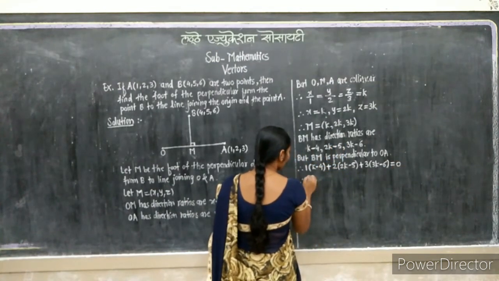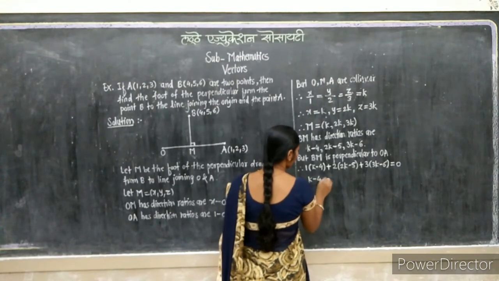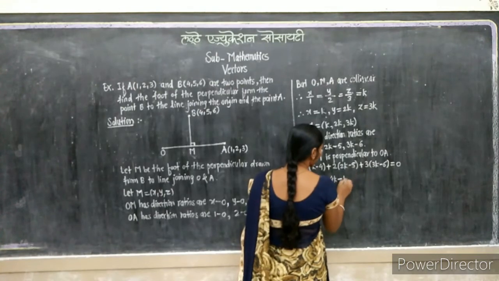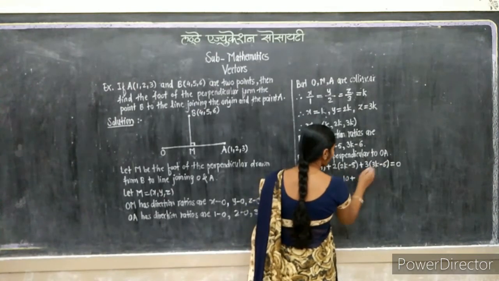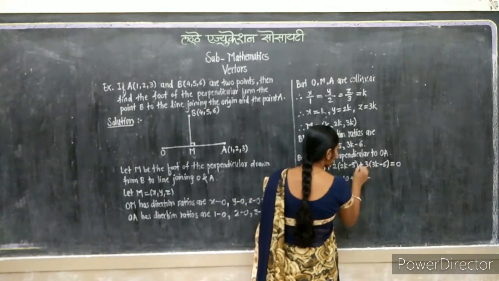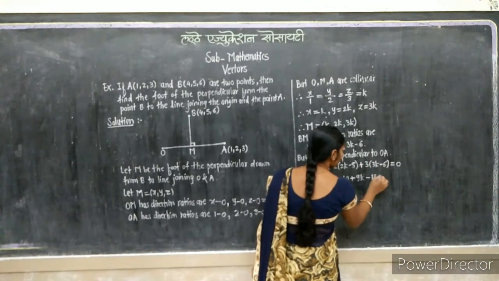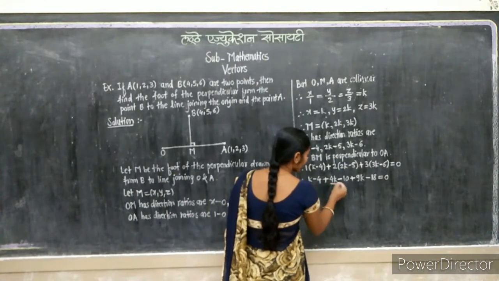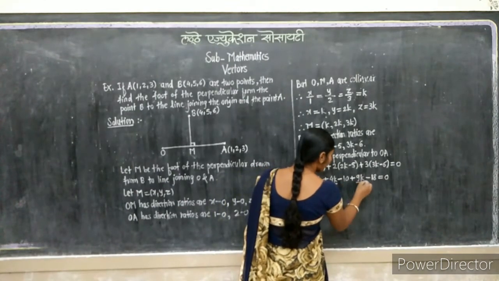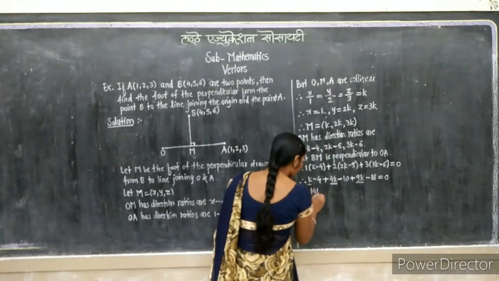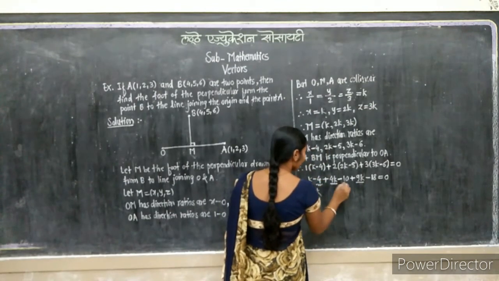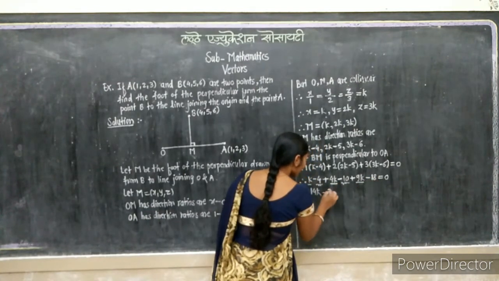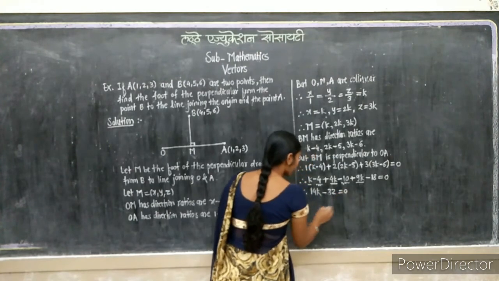Therefore, multiplying: 1 into k minus 4 is k minus 4, plus 2 into 2k is 4k, minus 2 into 5 is 10, plus 3 into 3k is 9k, minus 3 into 6 is 18, equal to 0. Therefore, k plus 4k plus 9k is 14k, minus 4 minus 10 minus 18 is minus 32, equal to 0.